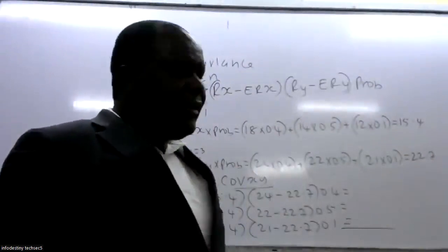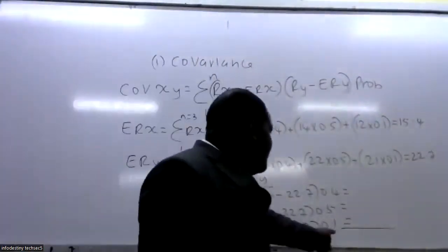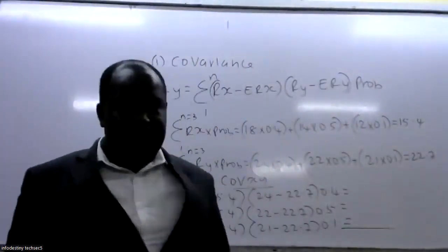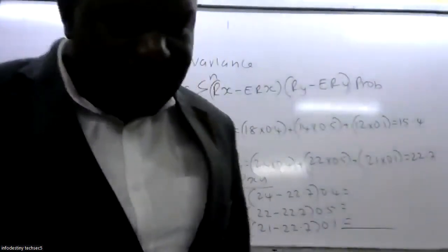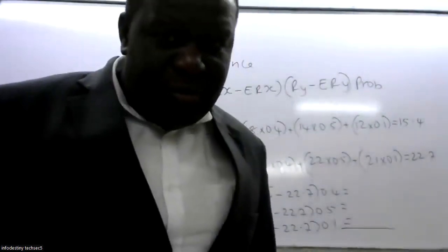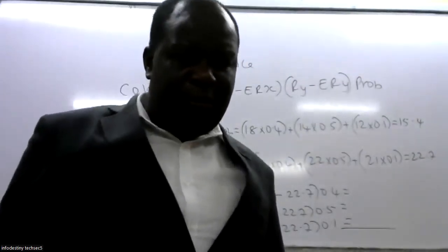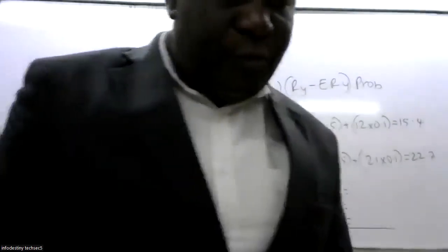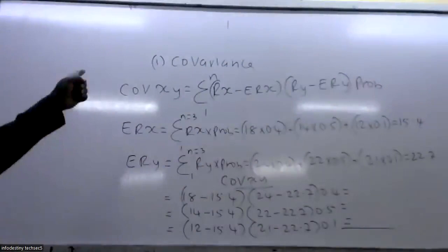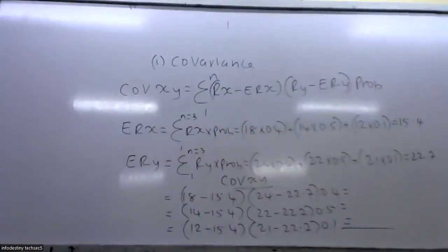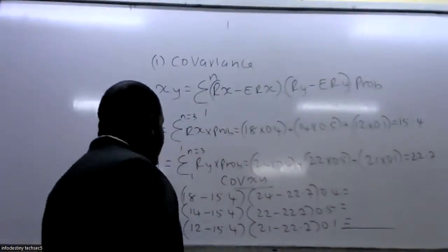Those who have calculated and added this part, we should be able to get 2.42, isn't it? Yes, I've been given a figure of 2.42. So that is the first measure, which is supposed to be the covariance.